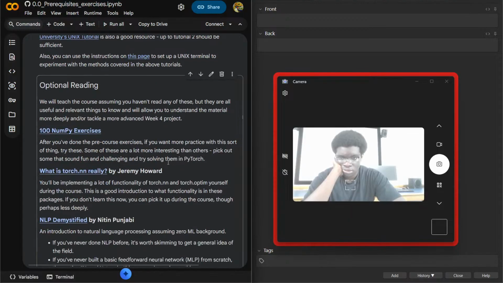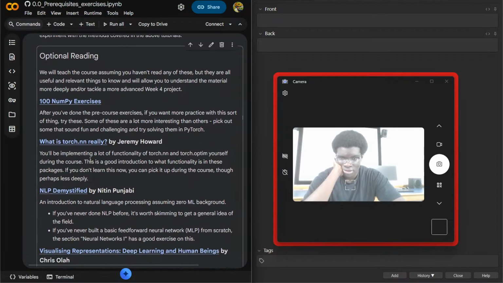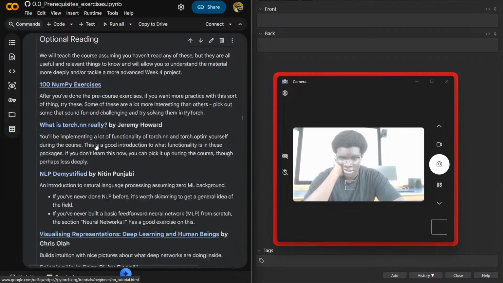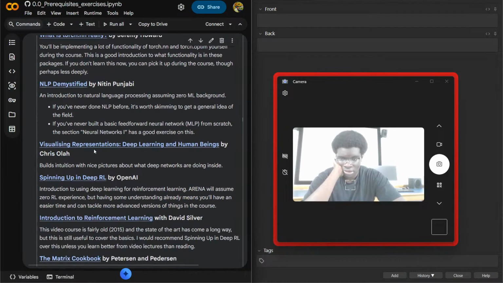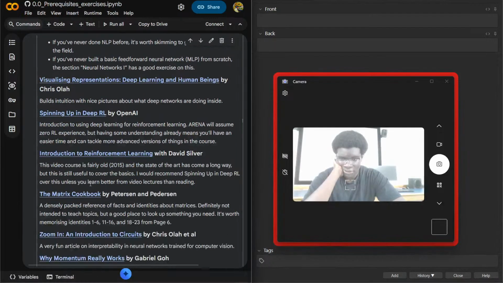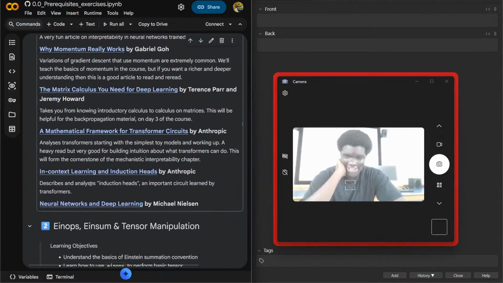So it says do the NumPy exercises, read this thing, read this as well, read this, okay. Seems like I have a big reading list.